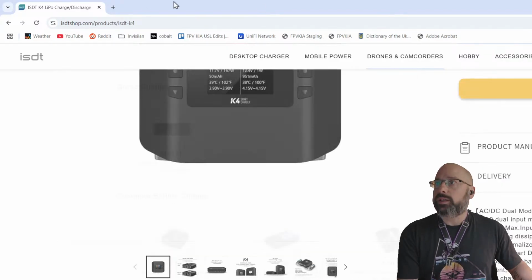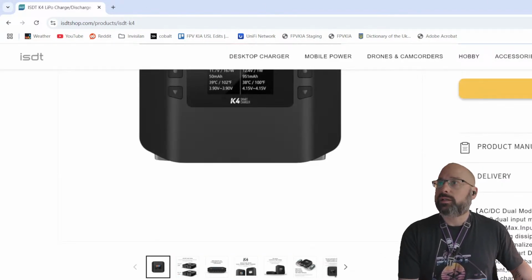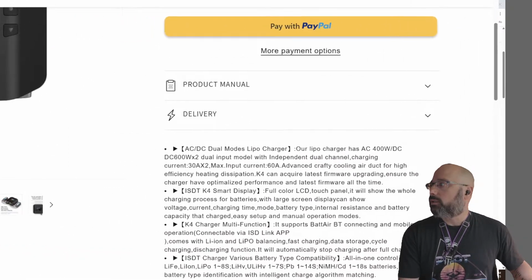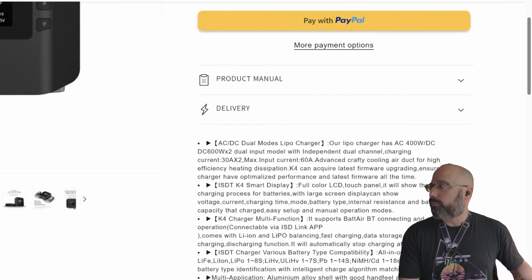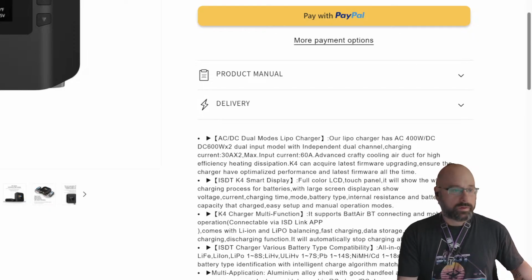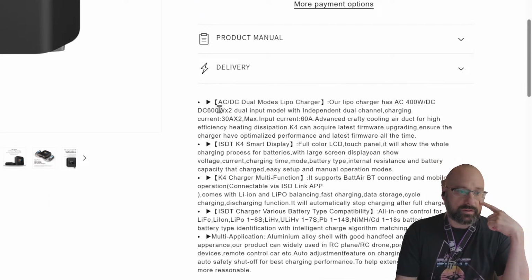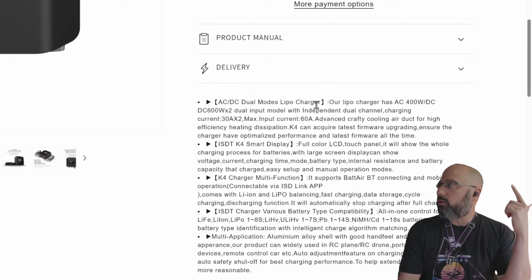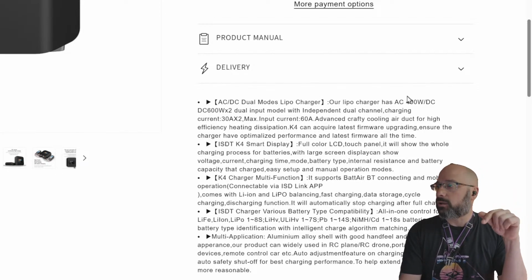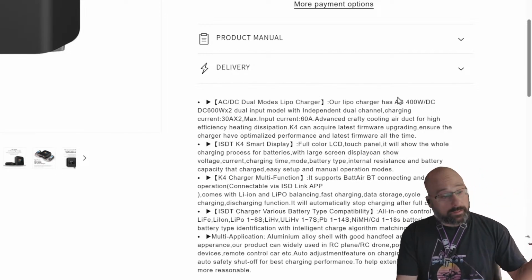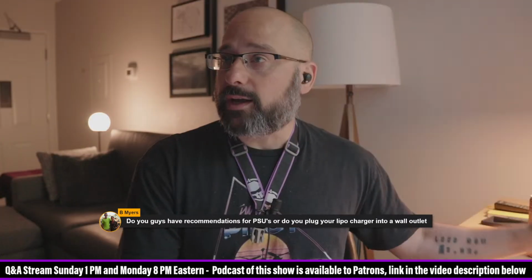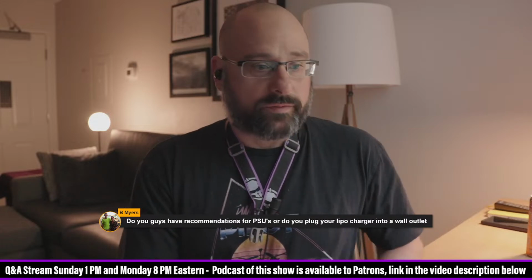Hang on one second, let me go over here, sorry. If we drag this over, we can see it says AC 400 watts, DC 600 watts dual input mode. So it can do 400 watts off its internal power supply. That's fairly good for a built-in power supply. Right? Most of them are going to be less than that, more like 200 watts. So you just buy what you need is the short version.